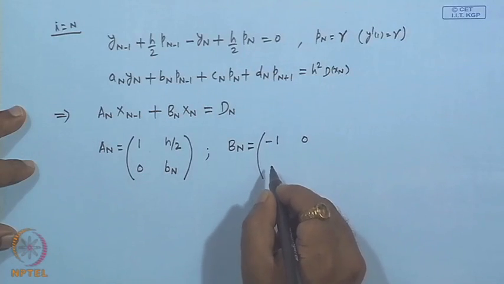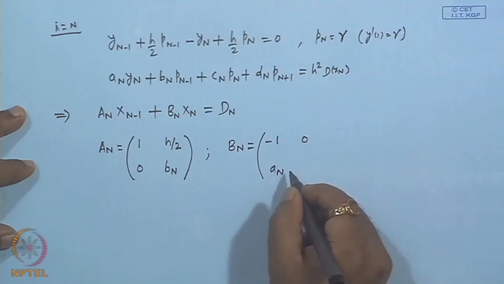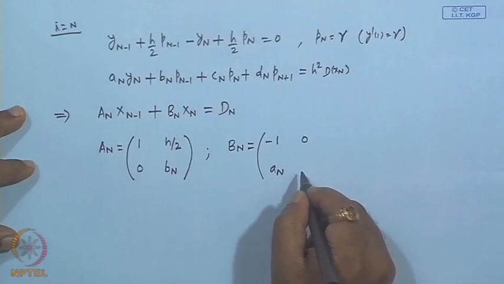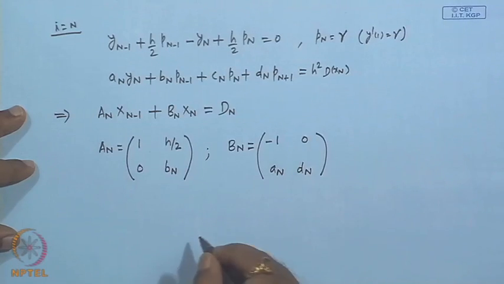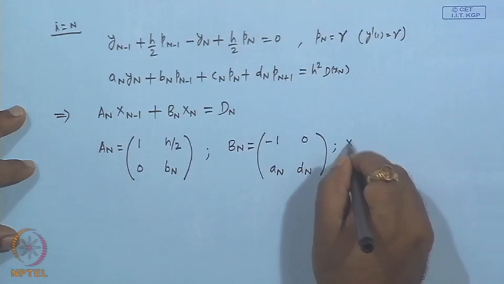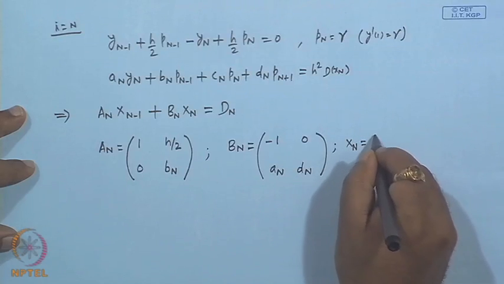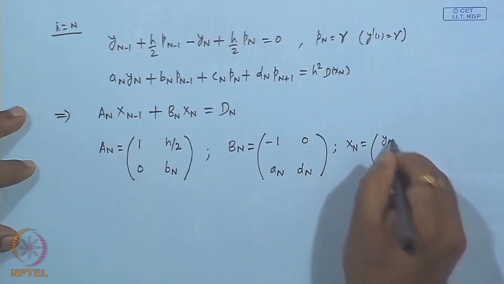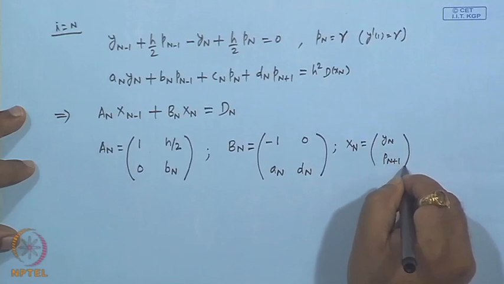So, this will be a n, d n with a definition x n equals y n, p n plus 1.